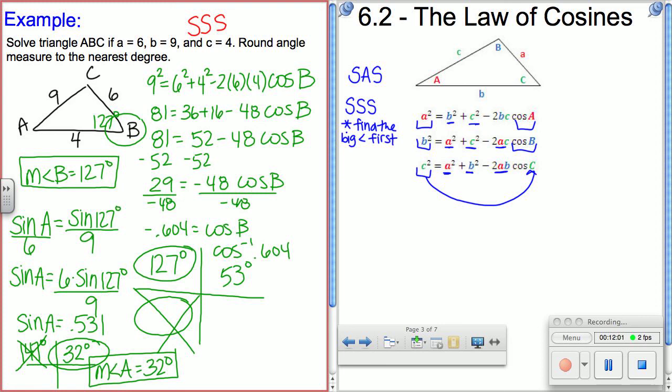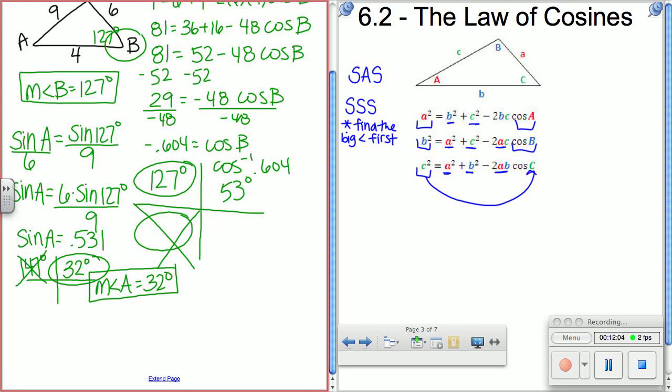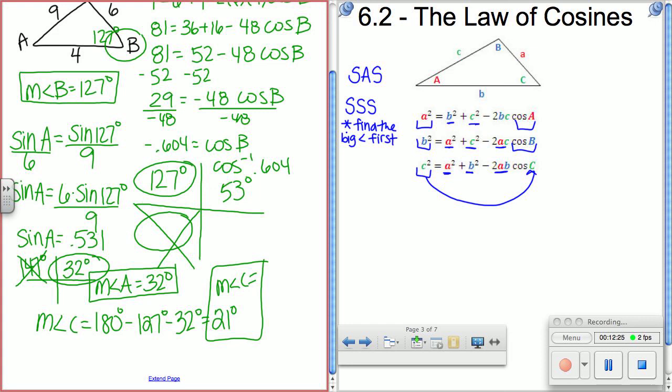The last thing that I need is the measure of angle C. So I'm going to take 180 degrees and subtract my 127 and my 32. And I end up with 21 degrees. And there's my final solution.